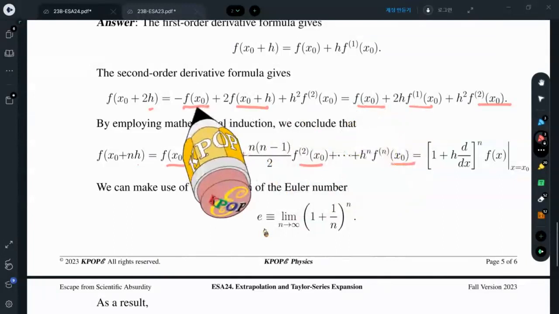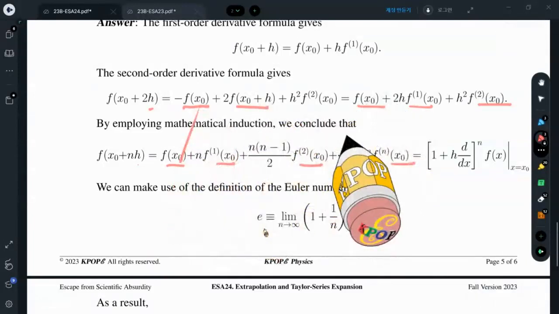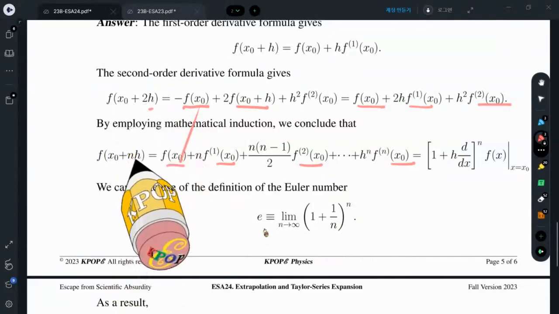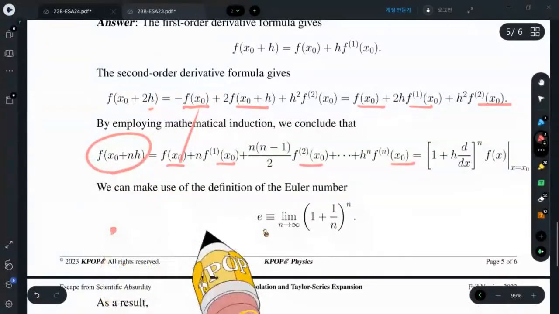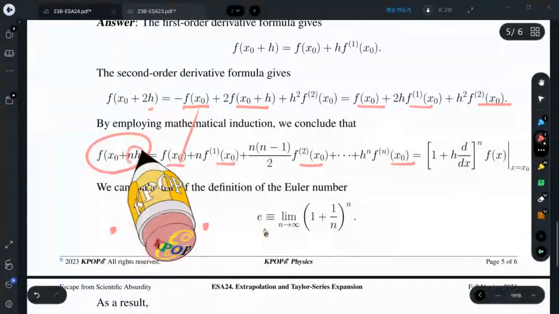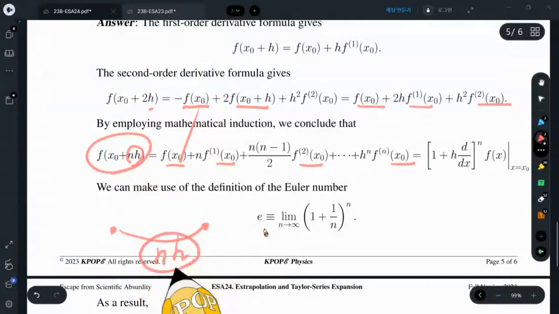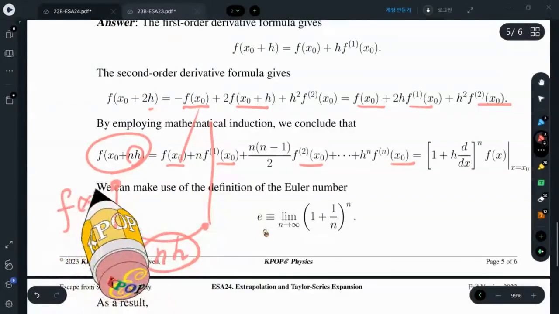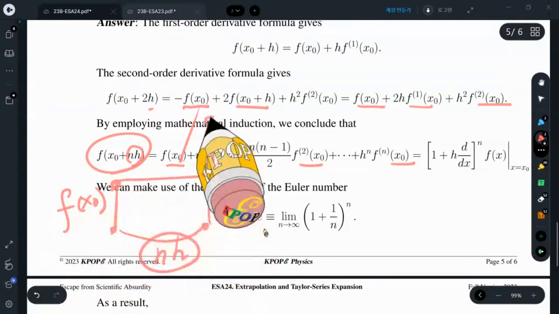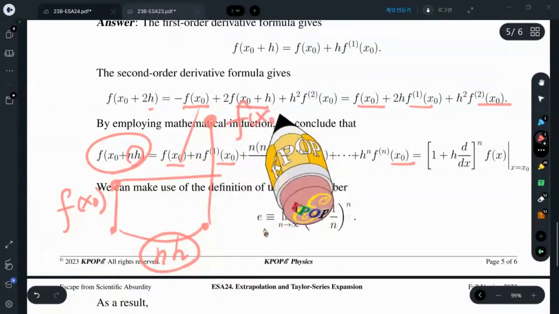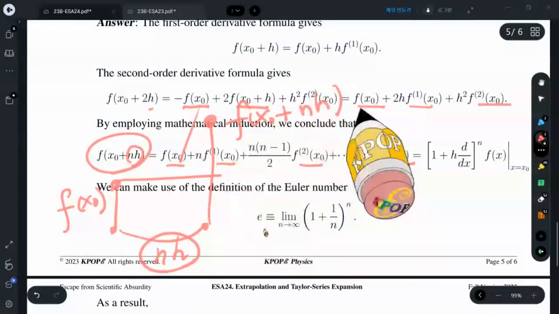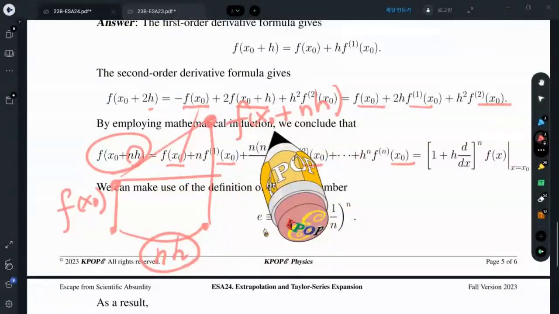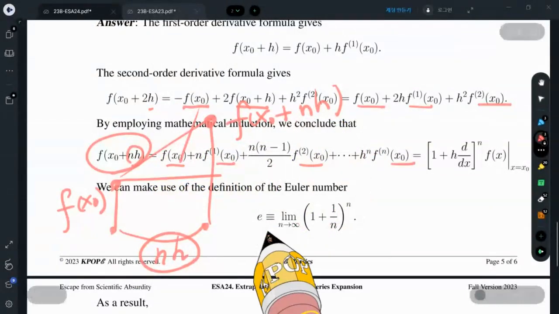And using these common factors, I can solve this linear equation to find the expression for the shifted function's value by the shifted amount: the value of a function at x0, and the value of the function at x0 plus n times h. I can make an extrapolation in terms of the power series in h.